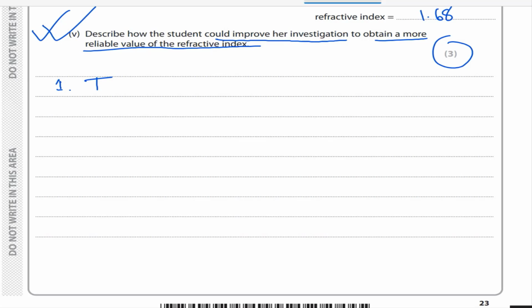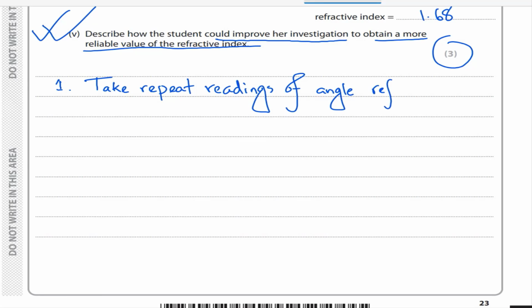Take repeat readings of angle of refraction at a specific angle of incidence.